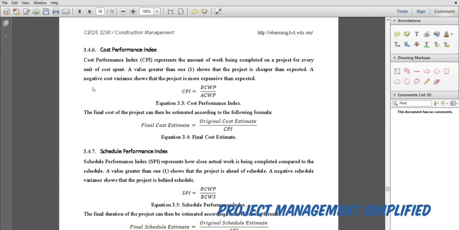So let's talk about the cost performance index, abbreviated as CPI, which represents the amount of work being completed on a project for every unit of cost spent.